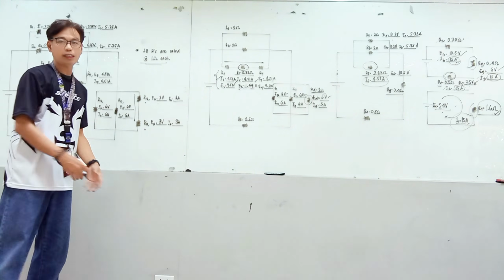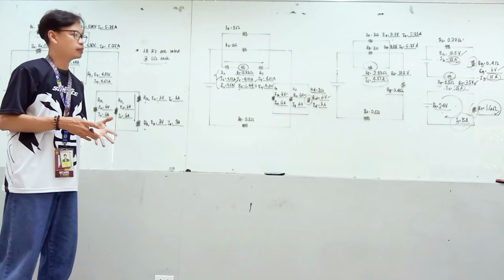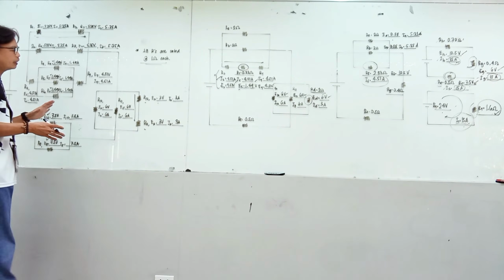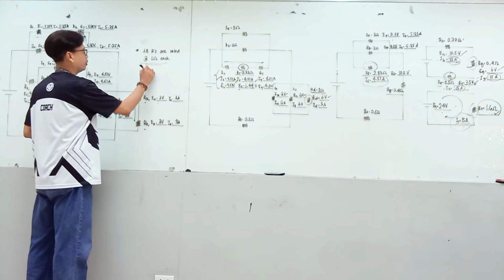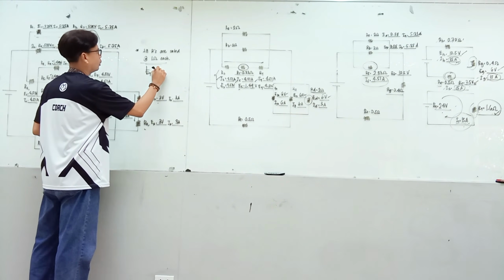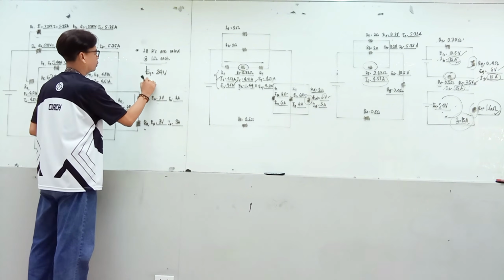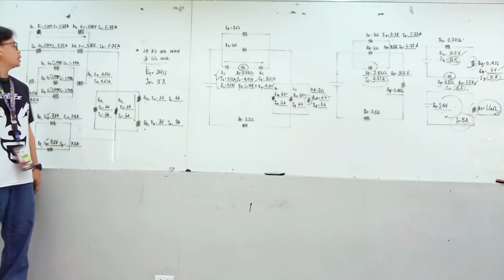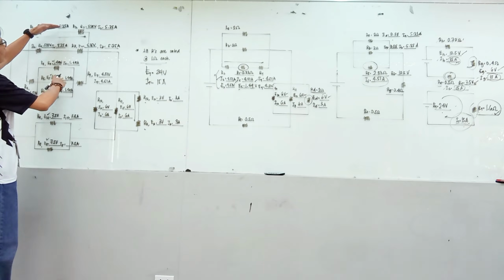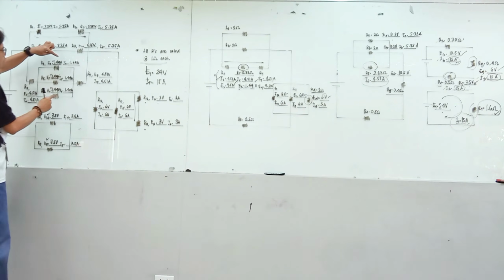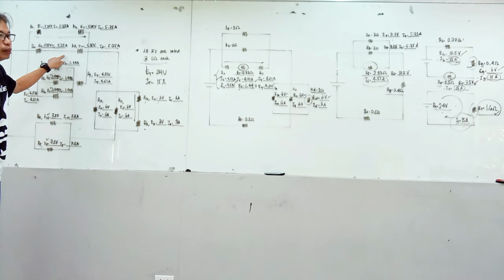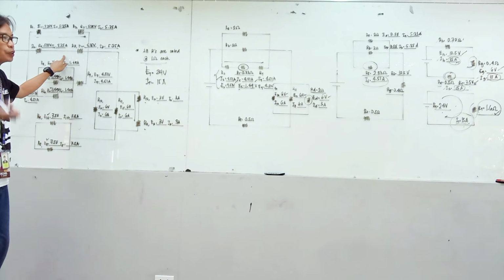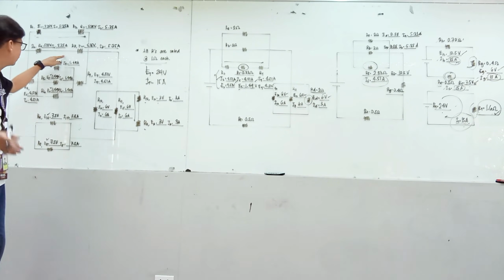So, how do you check? Okay, checking. Let's combine the I and the E's. Your total E should be equal to 24 volts and your total I should be equal to 50 amperes. So how do we analyze that? Here is the parallel circuit, one by one. When you combine a parallel circuit, to get the I, you add their currents.